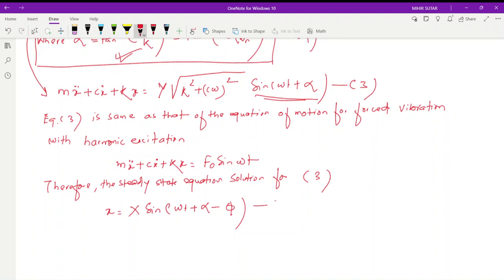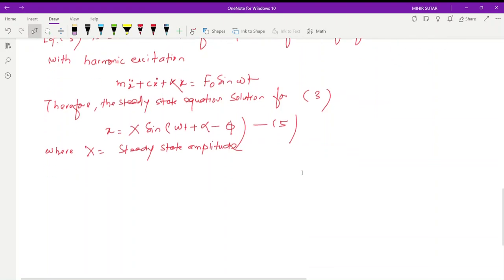Let's say this is equation 5, where this capital X is the steady state amplitude.